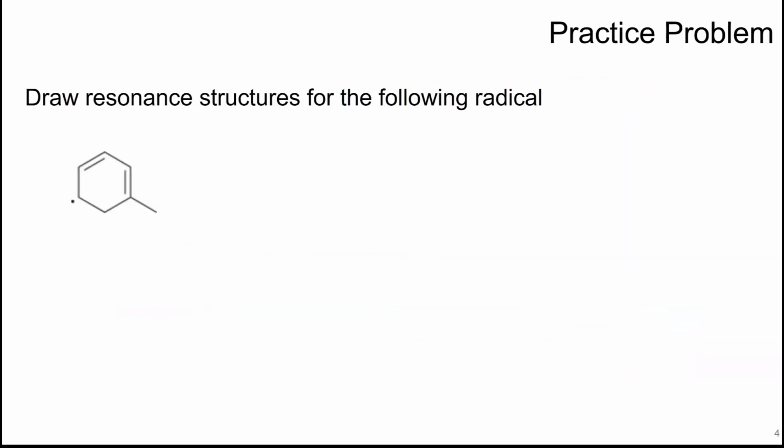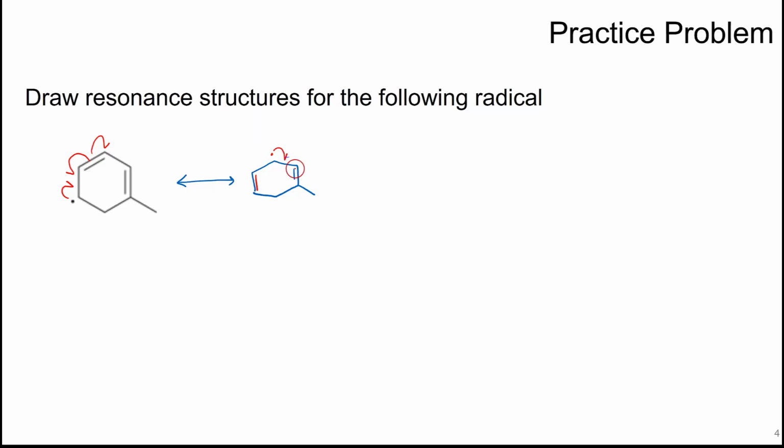So if we try to draw a resonance structure for this one electron goes here, one of these can go here, and the other one goes onto that. The new bond is formed here from the unpaired electron, and the other one forms here.